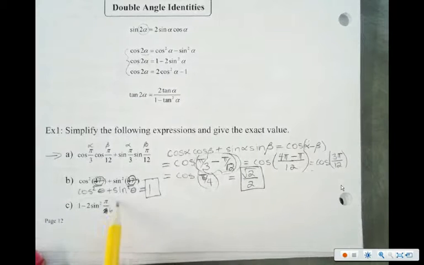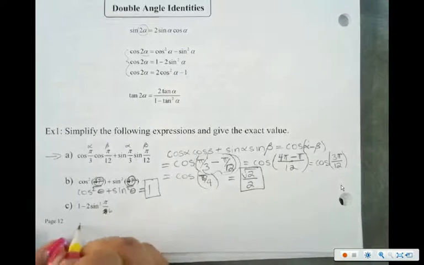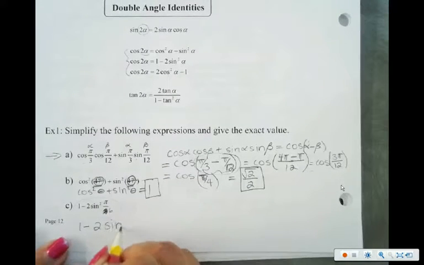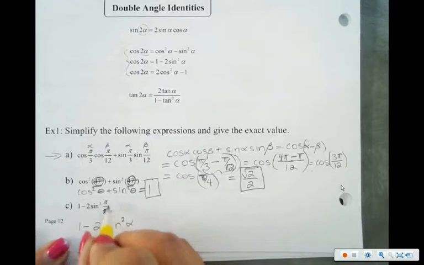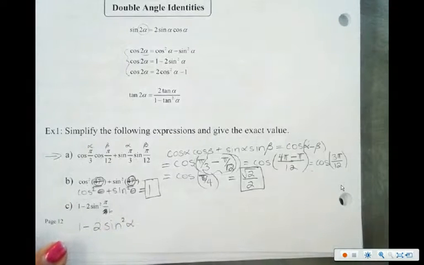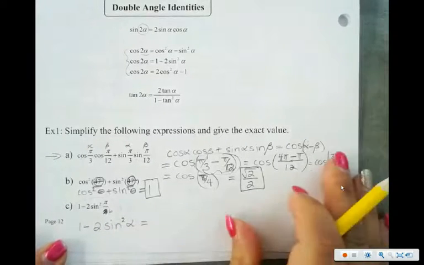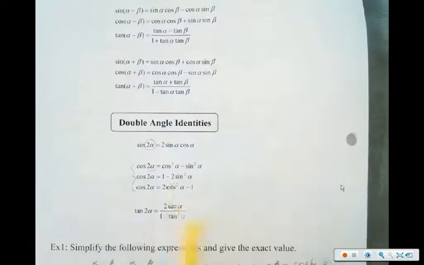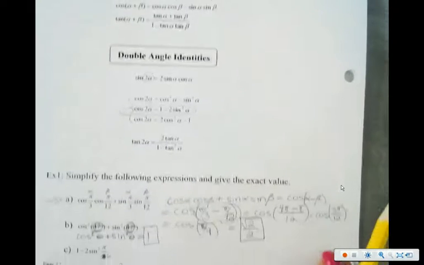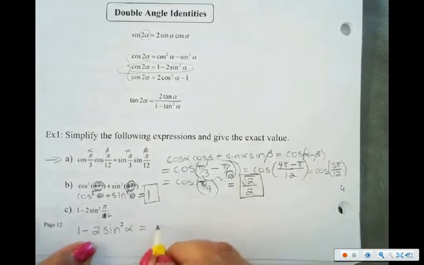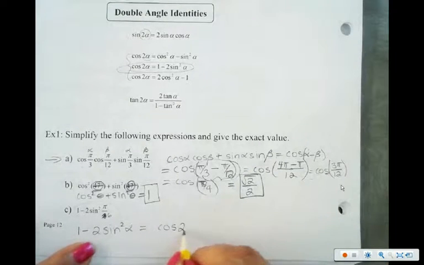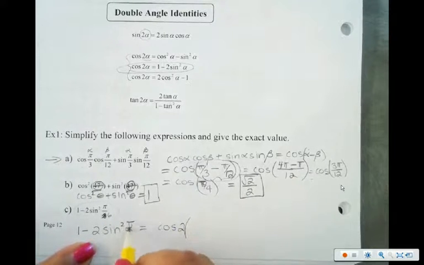All right. And then let's have a look at this one. Which identity does this look similar to? So I have a 1 minus 2 sine squared, and let's call that pi by 6 alpha. So that is the same as right up here. You see that? So then I've got cos 2, and then instead of alpha, this was pi by 6, right?